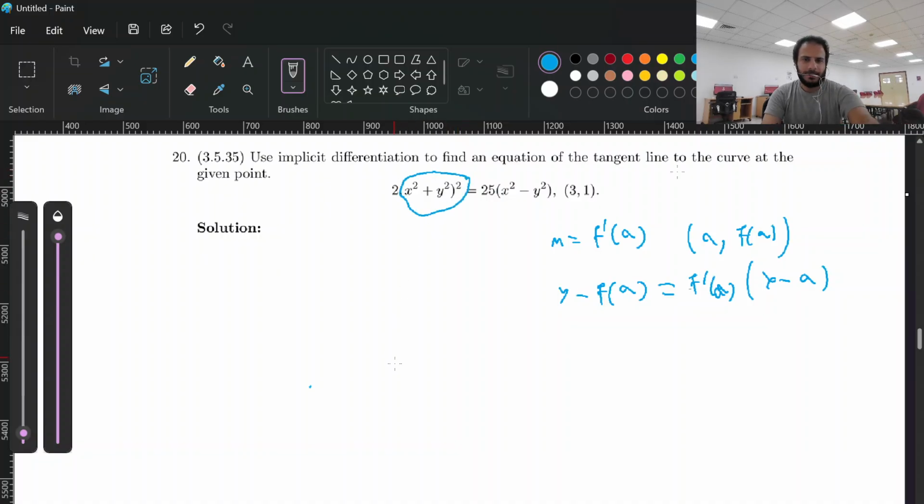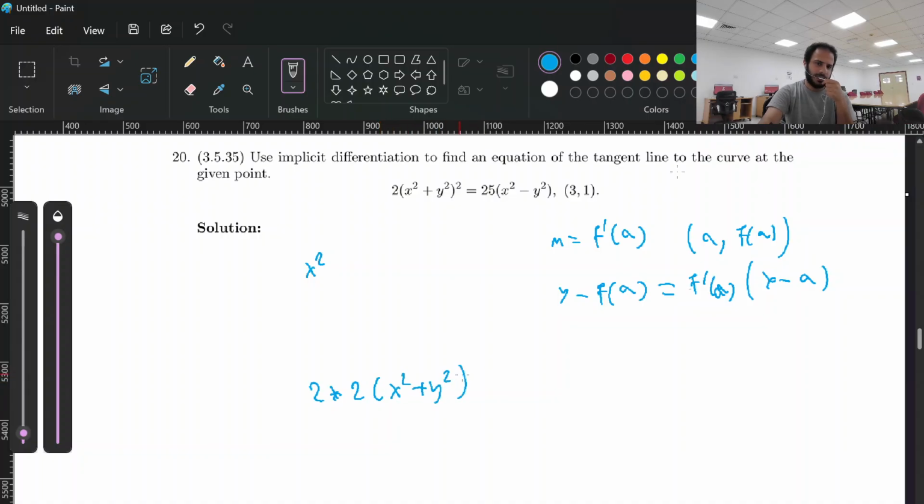It will be 2 times, let's do it. The constant will not affect the derivative. So 2 times this here, x squared plus y squared, it will be 2 times the derivative of the inside. But first we need to write x squared plus y squared, same thing.